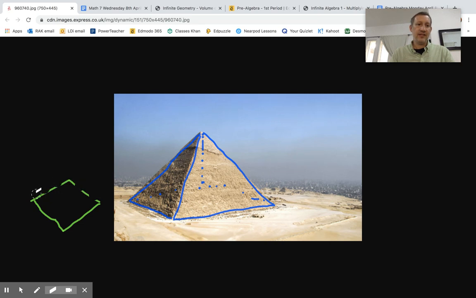Those are the parts that you can't see. Okay, but for a prism, let's say, actually this is a triangular prism. We're going to have 2 points here at the top if it's a triangular prism.